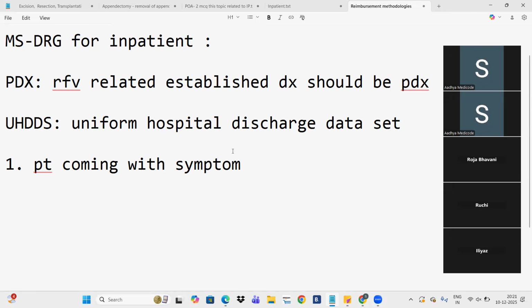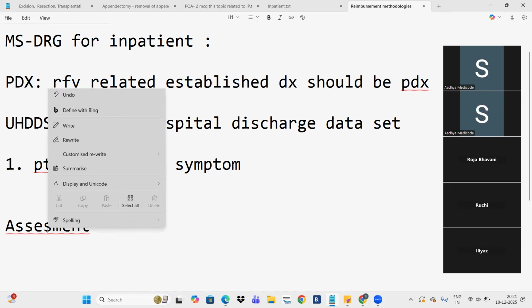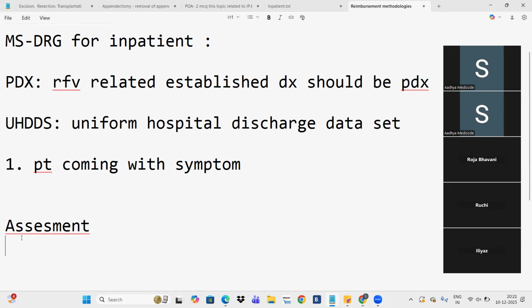Next, we can discuss how to select the PDX. First concept: the patient comes with a symptom, and in the assessment also only a symptom, with no established diagnosis found.